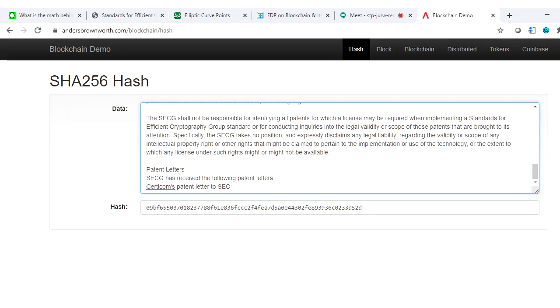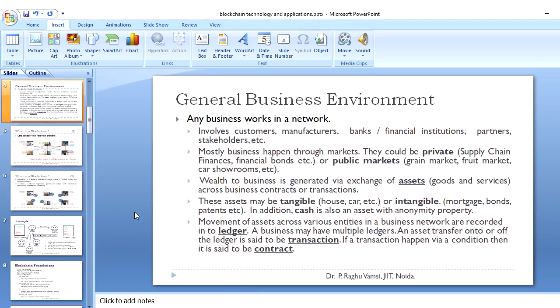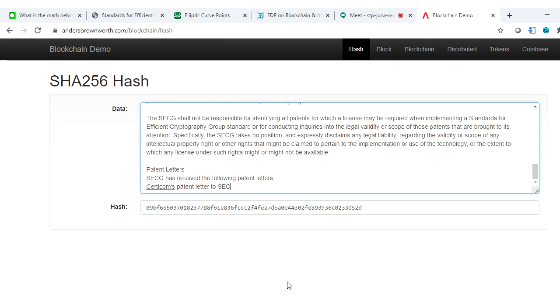So by taking this into consideration, if you look at our previous example, here Ramu's address, Gopal's address and the amount to be sent was written in a transaction. Now I am putting this transaction onto the SHA-256 hash function.